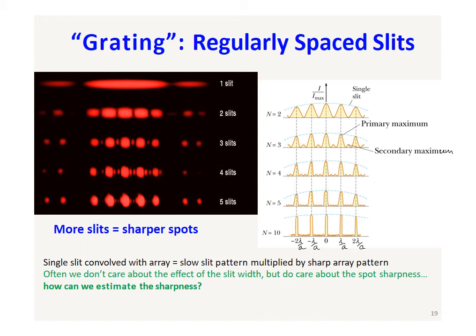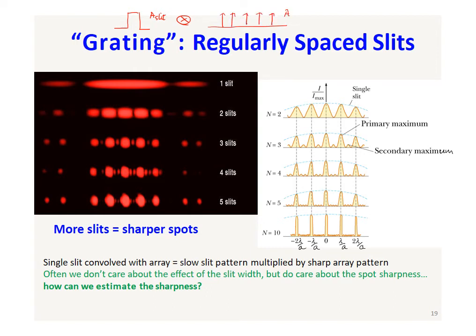We're now in a position to extend our picture of the double slit to that of the grating. So now we will consider a grating similar to the double slit as a convolution between a rectangular aperture, we'll call that a slit, convolved with not 2 delta functions, but a whole array of regularly spaced delta functions.